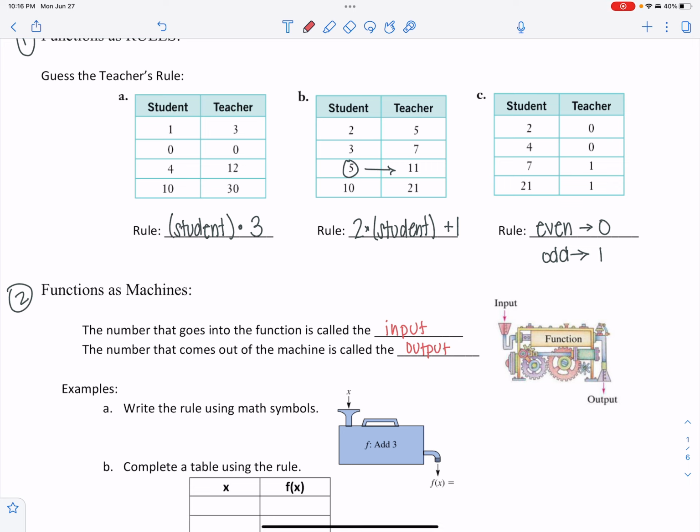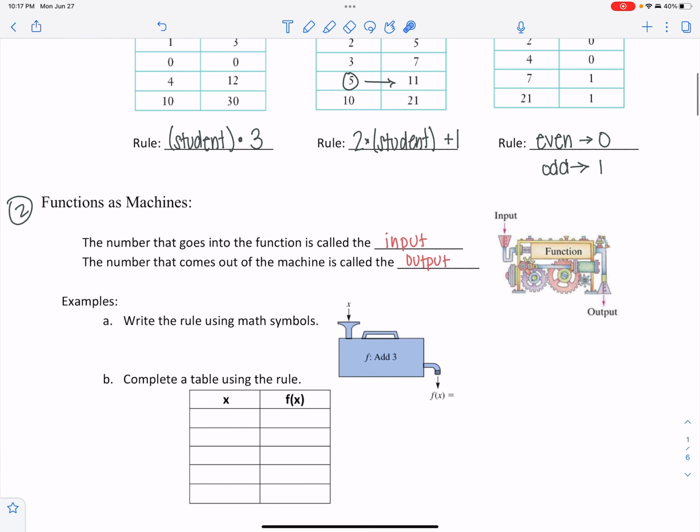And so write the rule using math symbols. This machine says an x is going to go in, we're going to add 3, and then an f of x is going to come out. Using math symbols, we're going to write the output equals the function and the input.